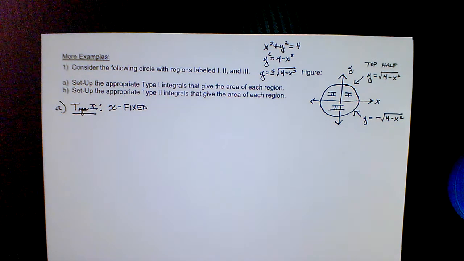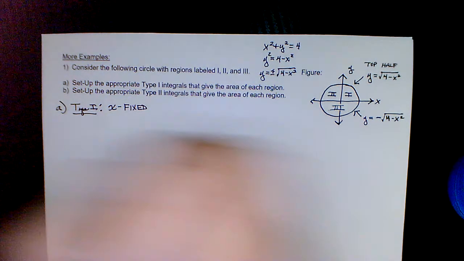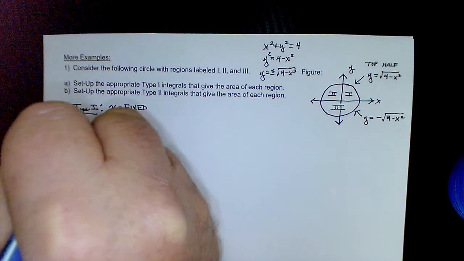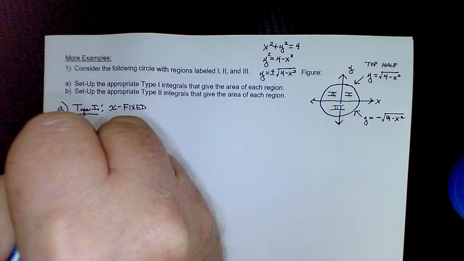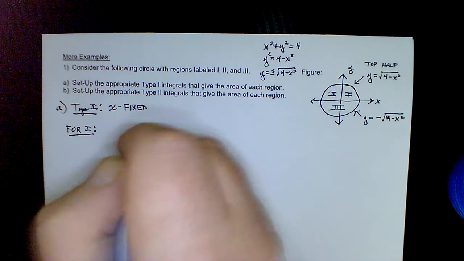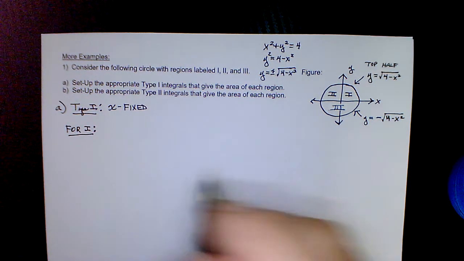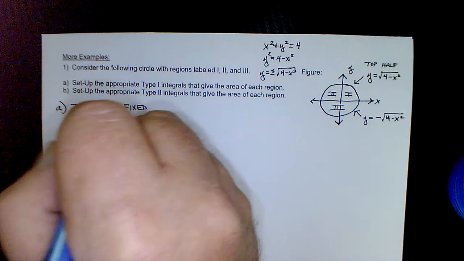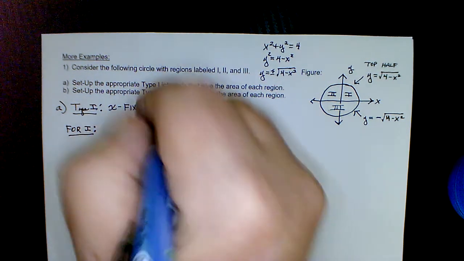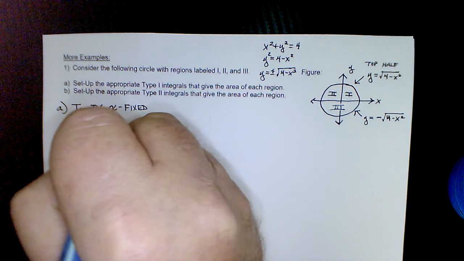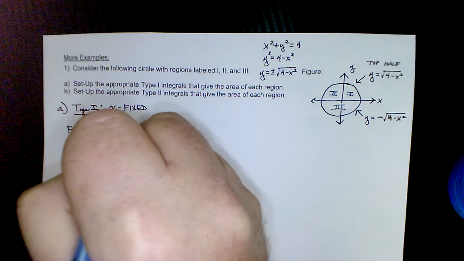So the first situation would be for the region in the circle that we're labeling as Roman numeral 1, not to be confused with type 1. So that would be the integral. If x is fixed, remember that means that x is going to be the outer. So we're taking the double integral.